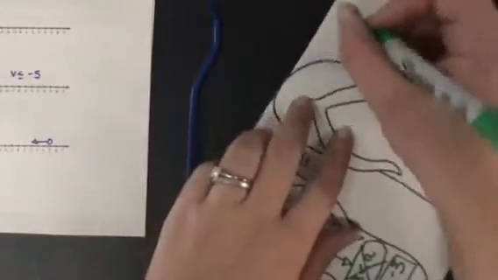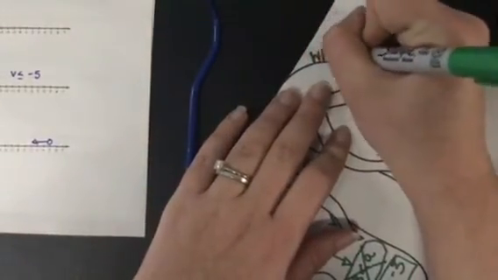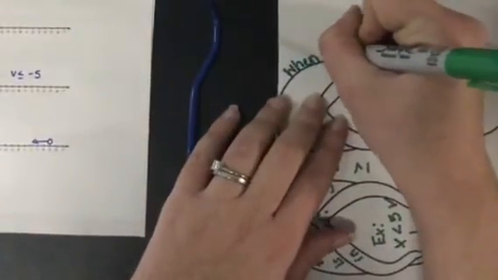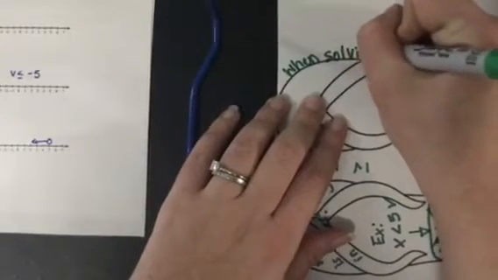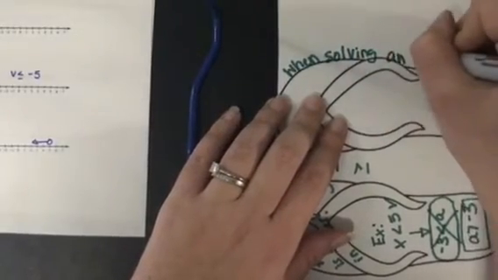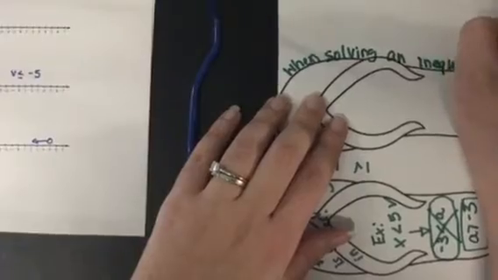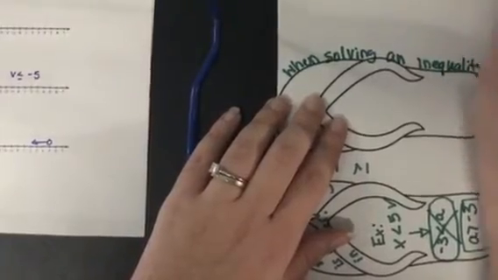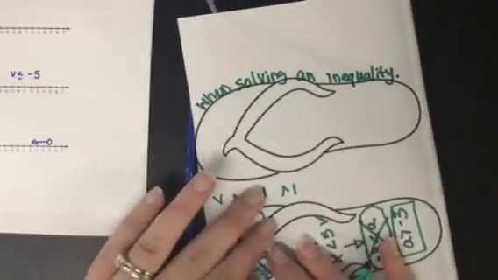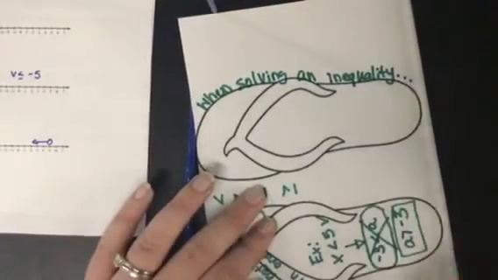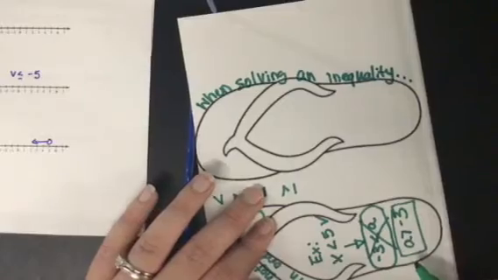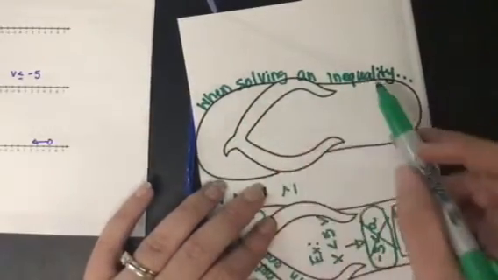And this is talking about, I'm going to put on the outside, when solving an inequality. Okay? When solving an inequality. So this one we were talking about graphing. This one we're going to talk about solving.